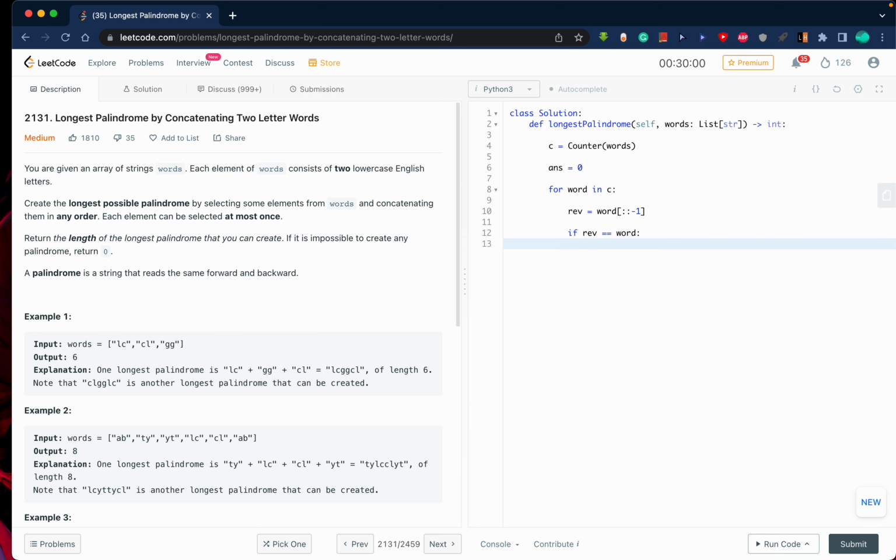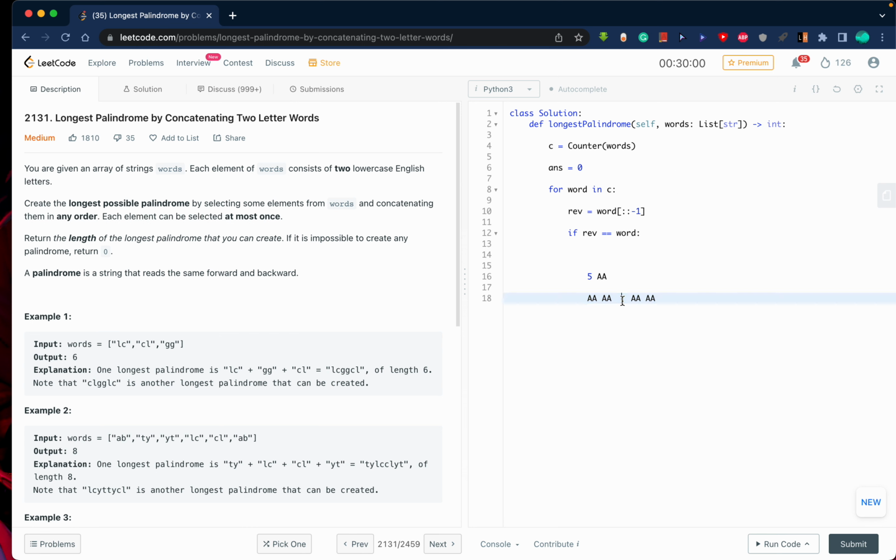So when I'm putting a word on the left side and its reverse on the right side, most of the words I distribute equally. So let's say if I have 5 AAs, I'd put 2 AAs on the left and then 2 AAs on the right. So all the even number of words I would try to distribute on the left and right hand side.